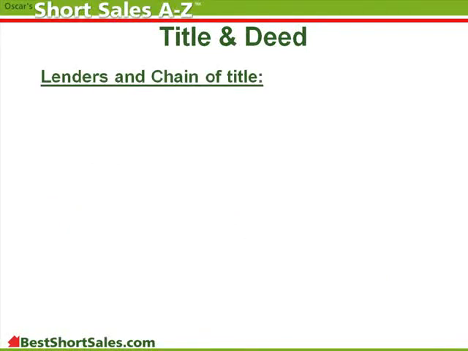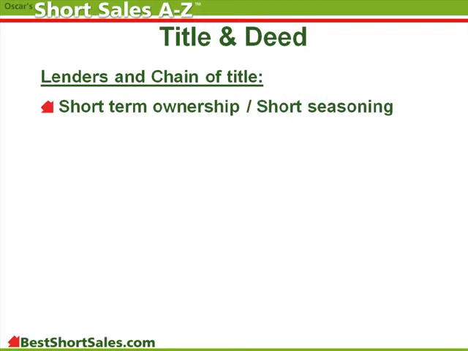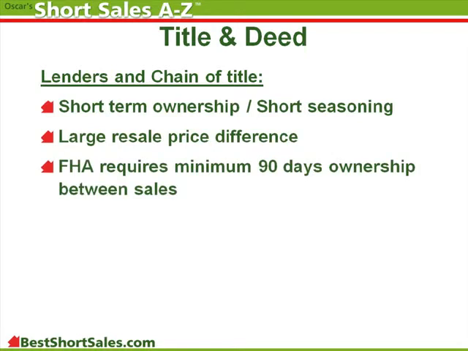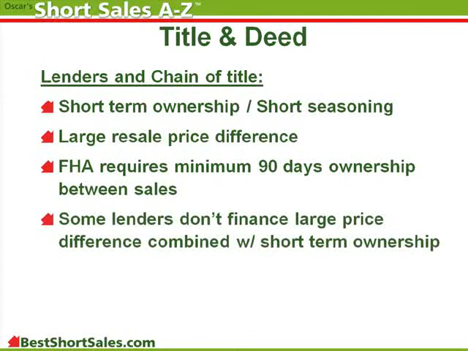Lenders and chain of title. In addition to requiring title insurance, lenders closely scrutinize chain of title for two main issues: short-term ownership, which is called seasoning, and large resale price difference. As of the date this material was produced, November 2007, lenders that resell debt to the FHA require a minimum of 90 days ownership between sales.